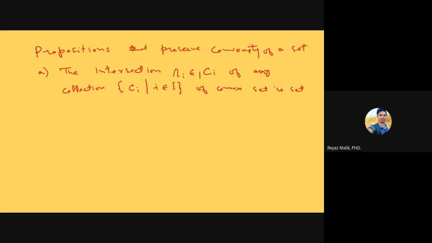What does it mean? Intersection is like a multiplication. When we say intersection in sets, it is in the same context, the intersection of different sets. The intersection of different convex sets is convex.